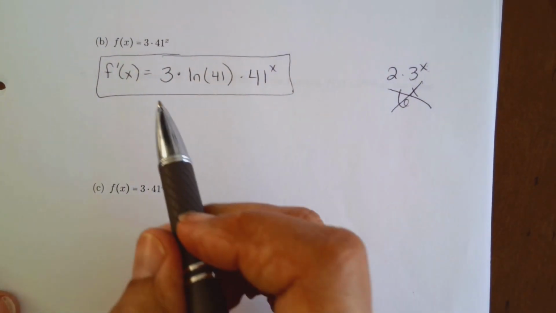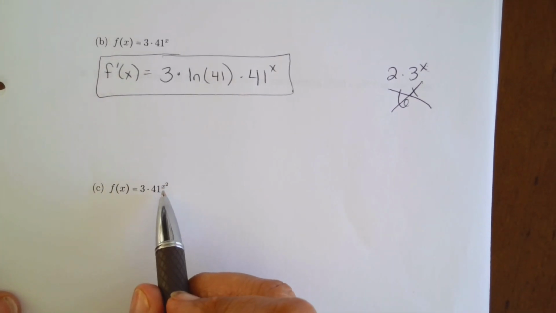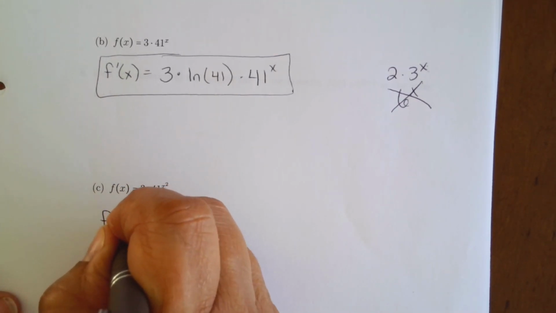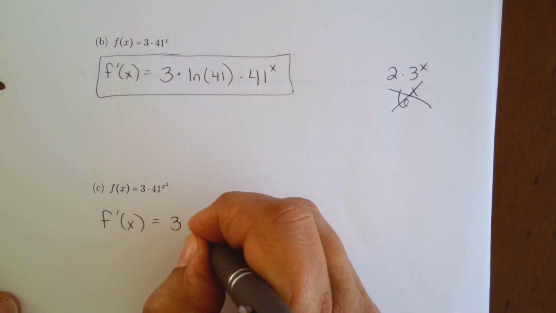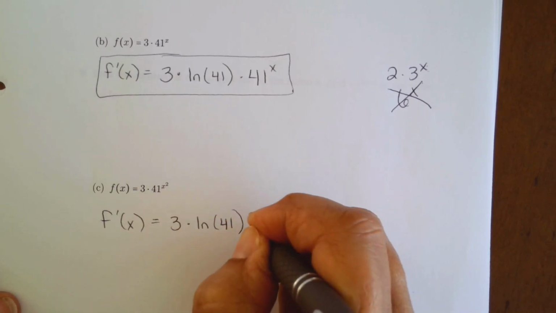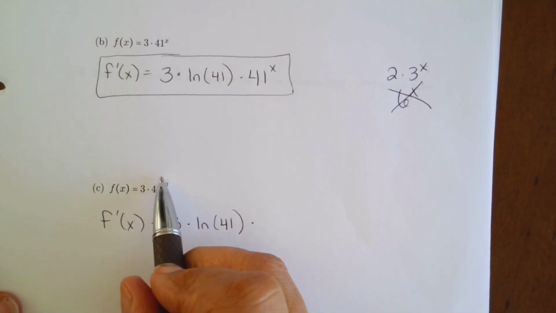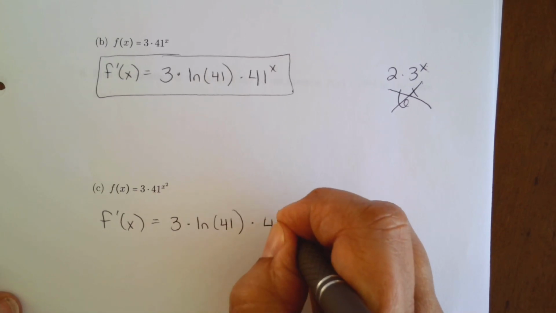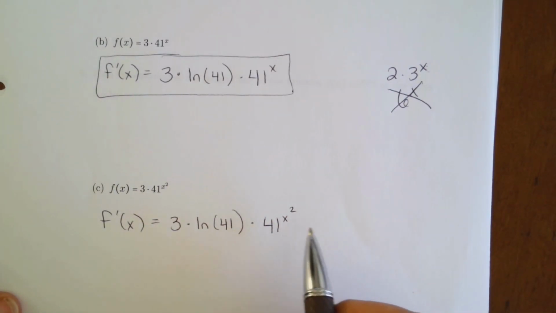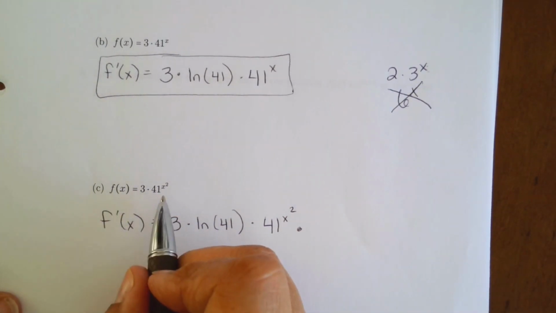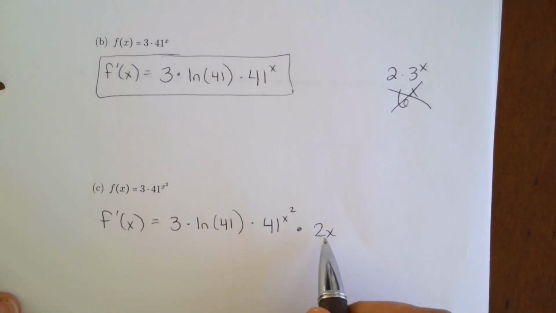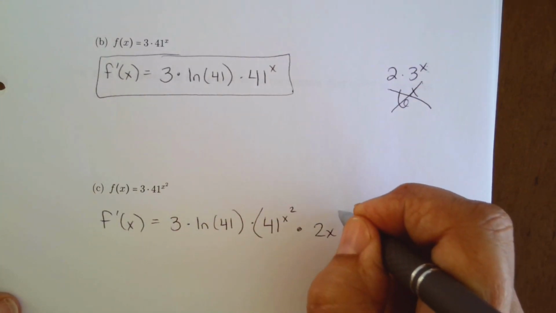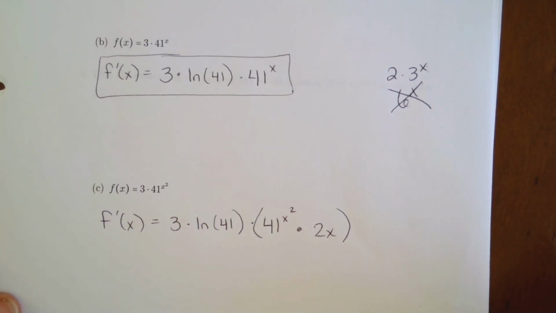All right, part C is very similar to B, except we have x squared up here. The constant stays in the answer. The base is not e, so we've got to have that natural log of the base in there. And now the derivative of the exponential function is the exponential function times the derivative of the exponent. So the derivative of x squared is 2x. And remember, that goes in the front. It does not go in the exponent. The exponent will never change on you in your answer.